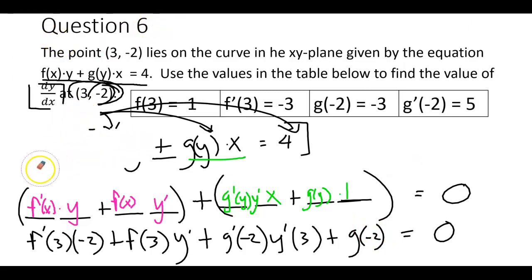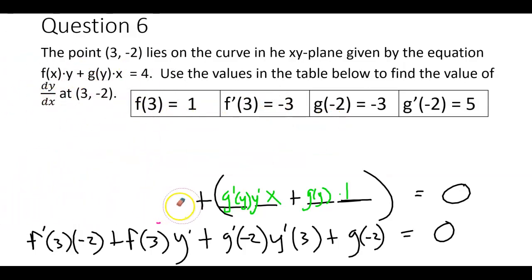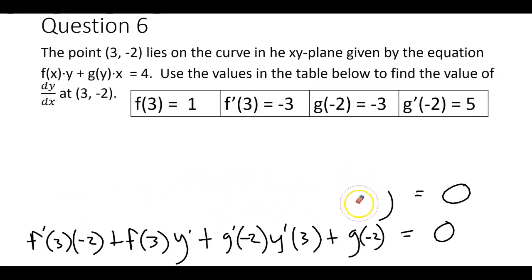All right, let me clean up my workspace a little bit here. So we took the derivative, had to do the product rule. Now this is where the table is going to come in handy, so let's go ahead and take a look at how the table works here. So we have f prime of 3, that's right here. So f prime of 3 equals negative 3.